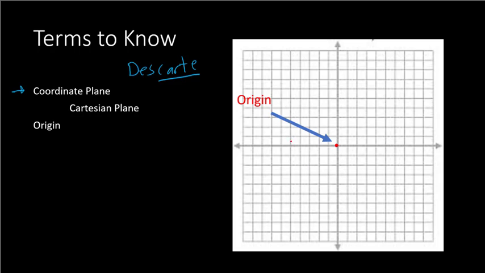Those 2 main lines are called axes. The plural is axes, looks like axes, like a battle axe, but it's pronounced axes because it's plural for the word axis. So we have 2 different axes. We have the x-axis, which is this horizontal one, and then we have the y-axis, which is the vertical one.